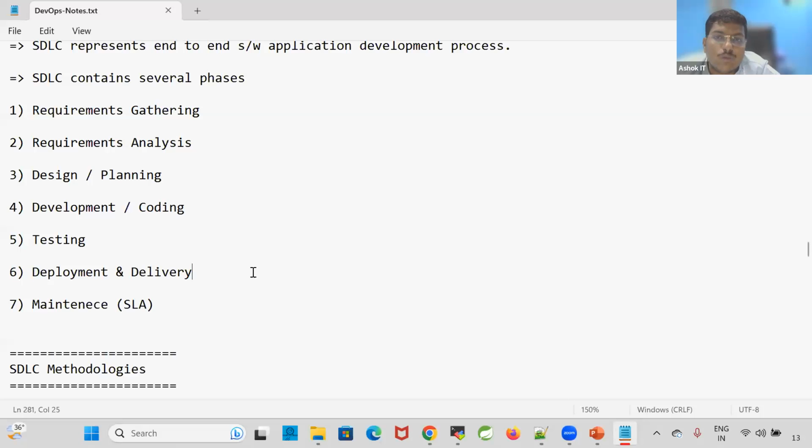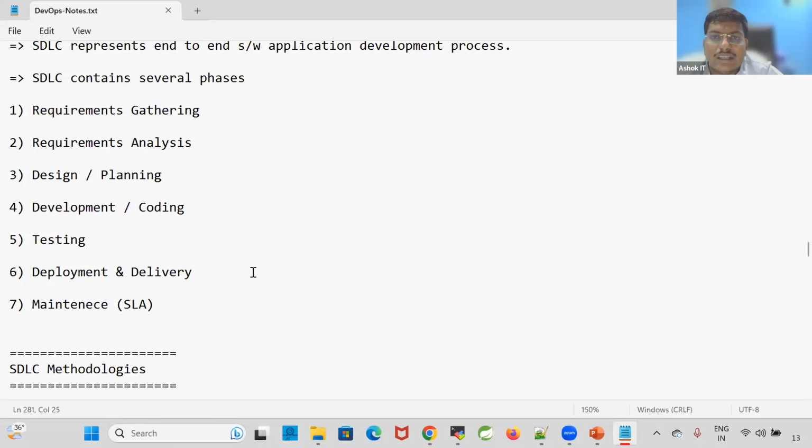DevOps engineers are responsible for understanding the project requirements and the infrastructure required for the project, setting up the infrastructure and configuring the software required to run our application, setting up the database, the servers, and the configuration files. Everything required to run our application, then building and deploying it, and delivering the application to the customer. Complete operations will be taken care of by DevOps engineers.